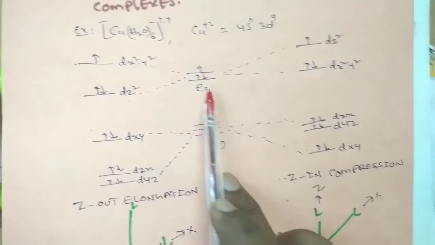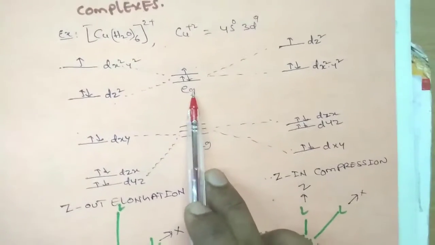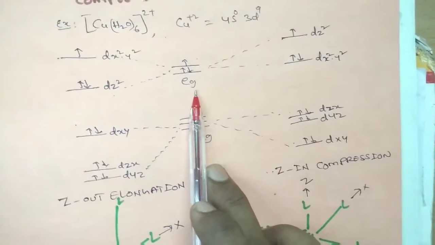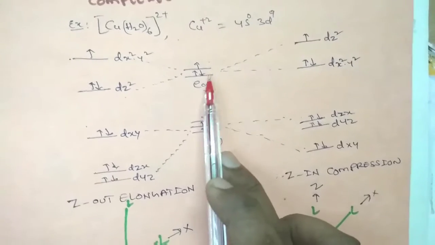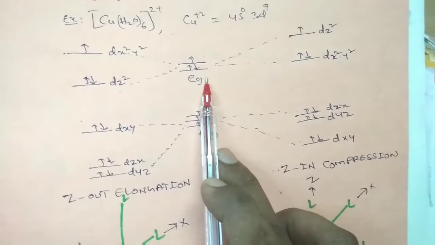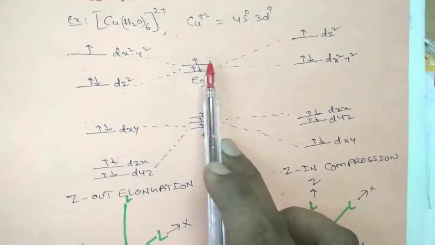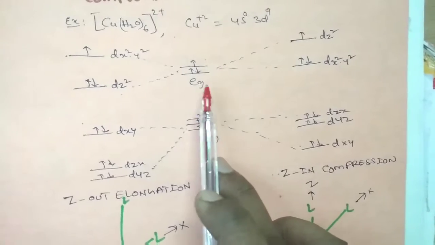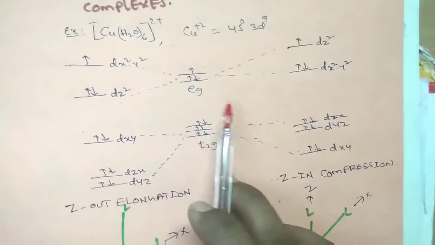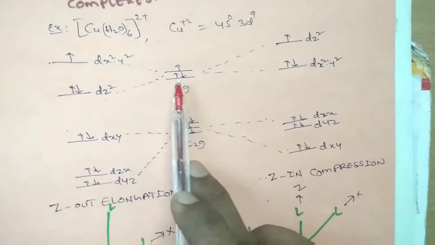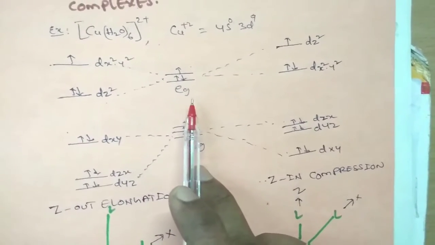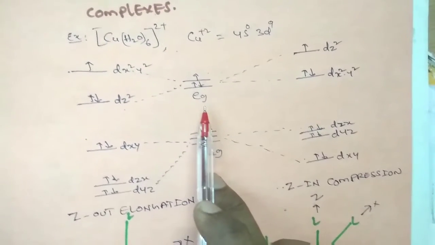Let us take another case. So here two electrons are present in the dx2-y2 orbital. Since both orbitals are degenerate orbitals, both have the same energy. Degenerate orbitals means both have the same energy. Two electrons can also be present in the dz2 orbital, and one electron can be present in the dx2-y2 orbital.